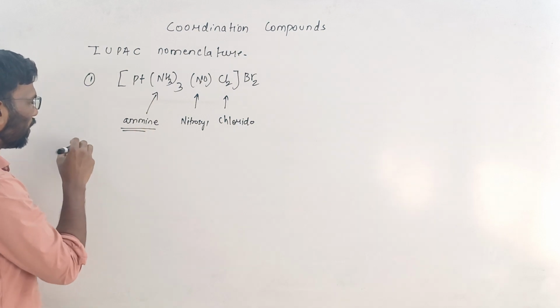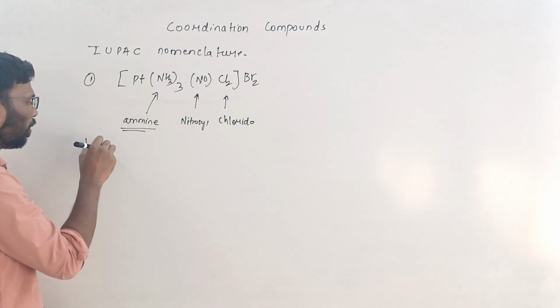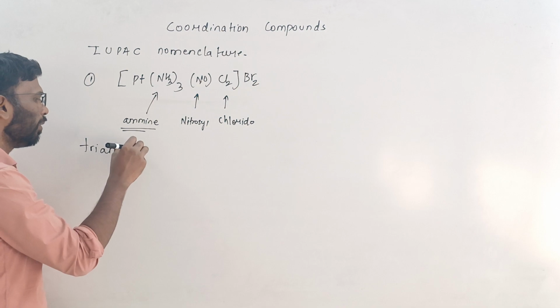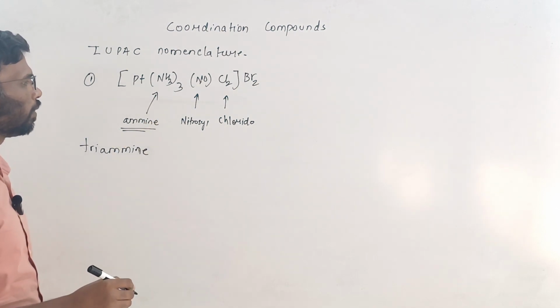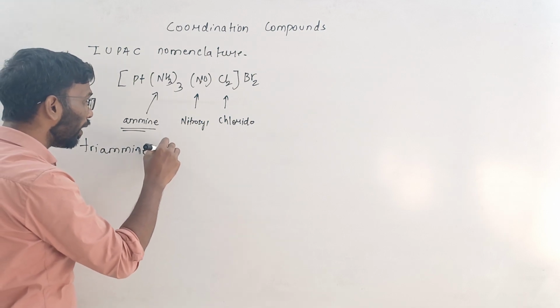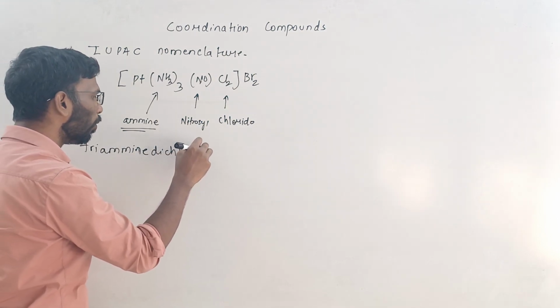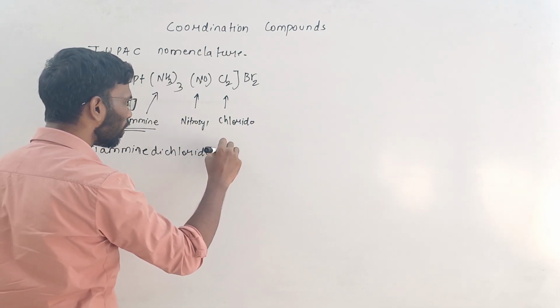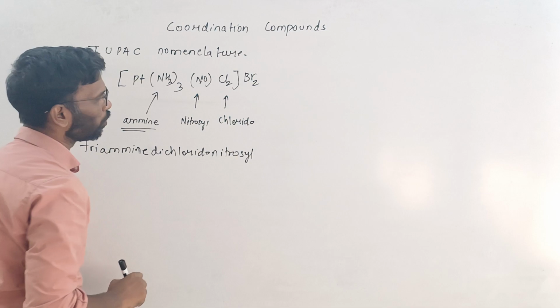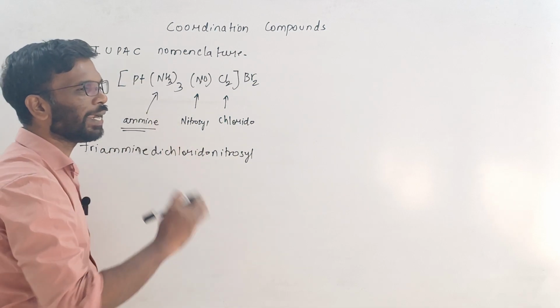So how I'll write is triammine, then dichlorido, then this ligand is nitrosyl. Then what is this? This is platinum.